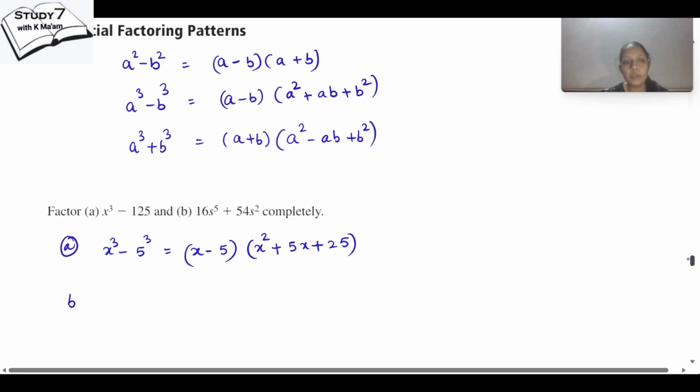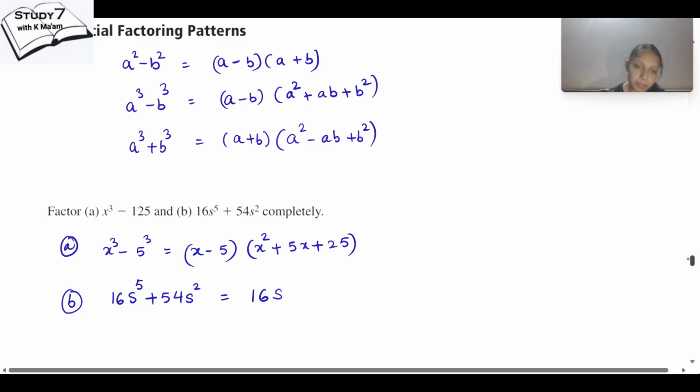Now if you want to check for B part, 16s power 5 plus 54s power 2. Can we take something common? 16s power 5 plus 54s square. I take 16 outside. This is s power 5 and s power 2.